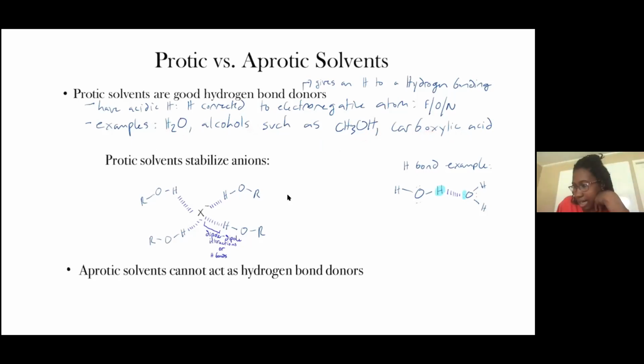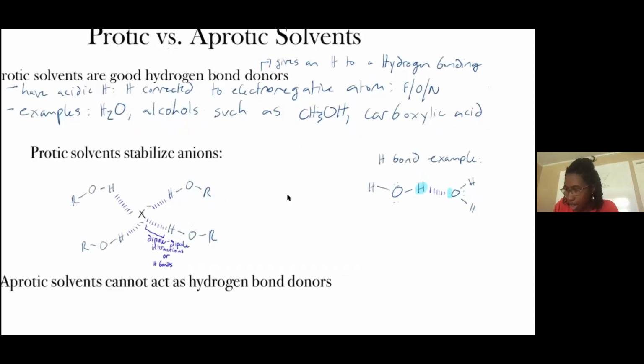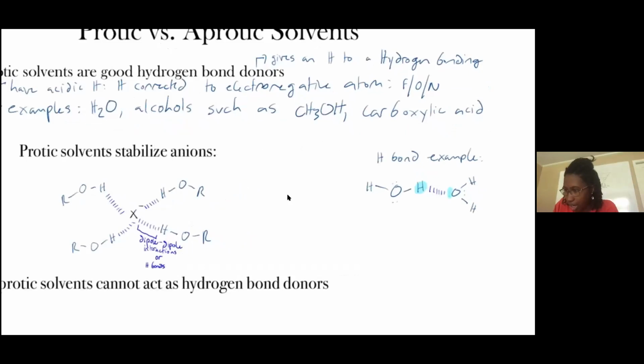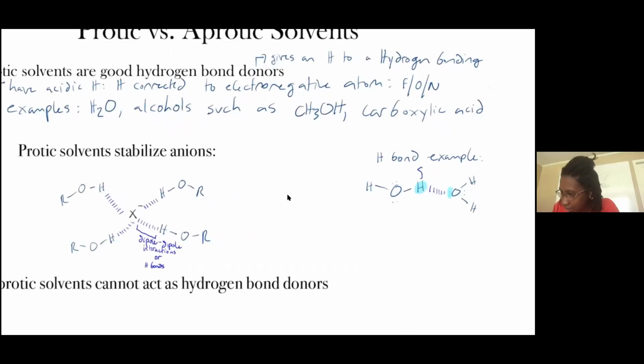I drew out an example of a hydrogen bond, just in case some people didn't remember from Chem 2070. Over here on the left, we have a water molecule, and this acidic hydrogen, highlighted in blue, is going to have a partial positive charge because it is connected to the electronegative atom that has a partial negative charge. These blue dashes represent the interaction between this acidic hydrogen and the lone pair on the oxygen in another water molecule.